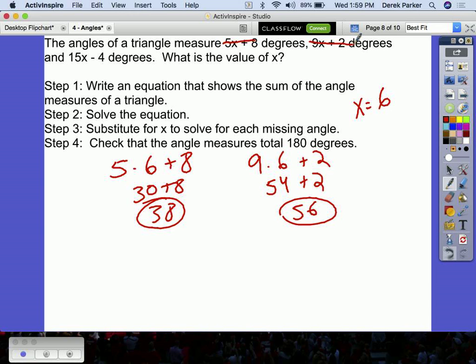Now to the last one, 15 times 6 minus 4, and I get 86 degrees. Now, you want to check your work? Add them all up. 86 plus 56 plus 38 gives me 180 degrees. So my missing degrees are 86, 38, 56.